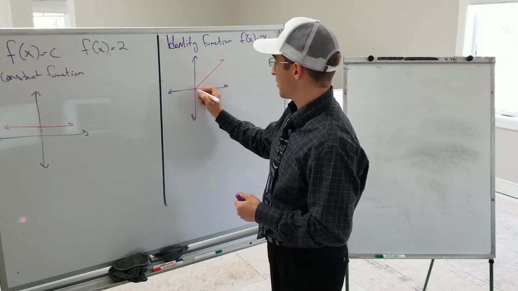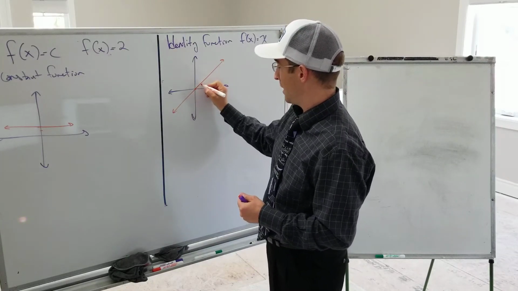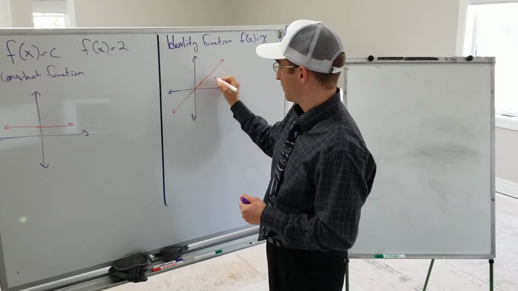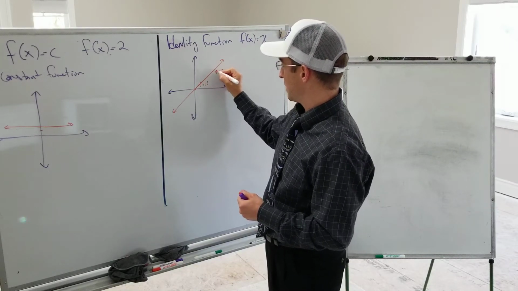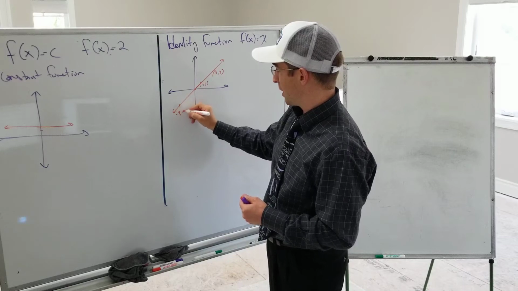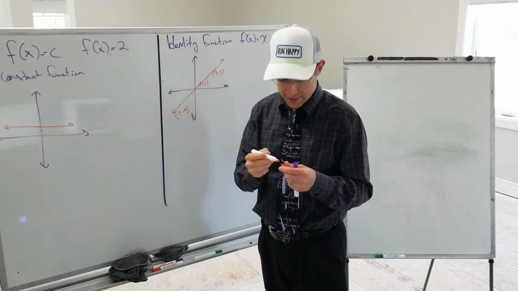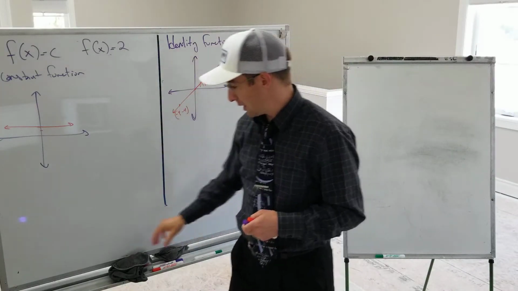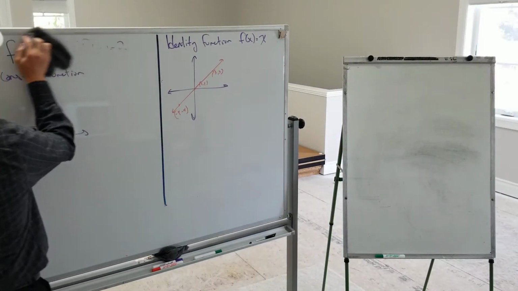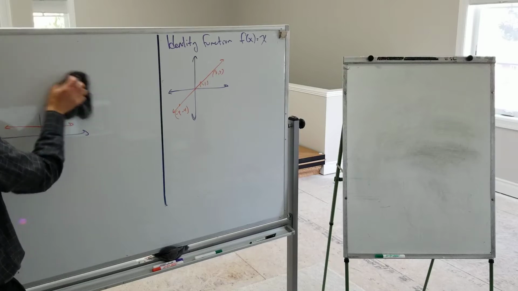So it goes through 0, 0 here, and then we have points like 1, 1, 3, 3, -4, -4. Basically, whatever the x number is, the y number is the same number. We get this line. All right, let's go to the next one. These are not as interesting as some of the others.